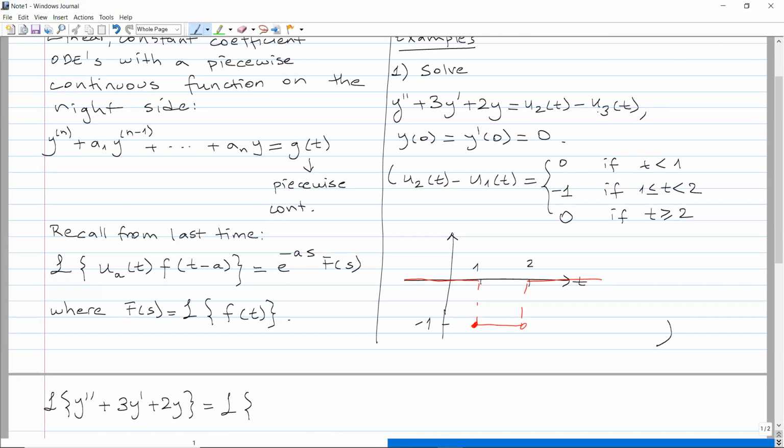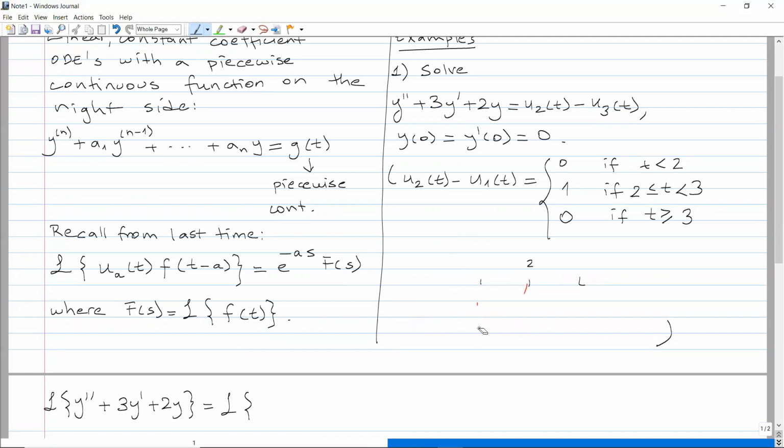So the function is 0 if t is less than 2. It is 1 if t is between 2 and 3. And it is 0 if t is greater than or equal to 3. I'm sorry, this was u3, not u1.